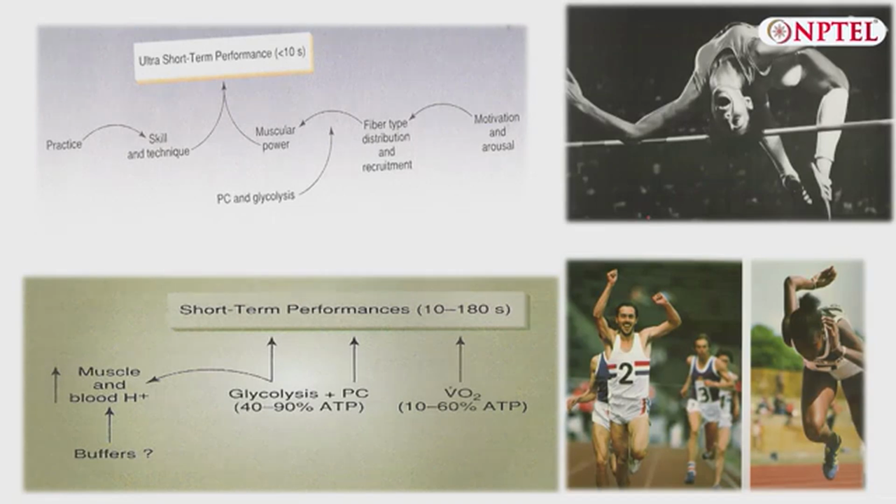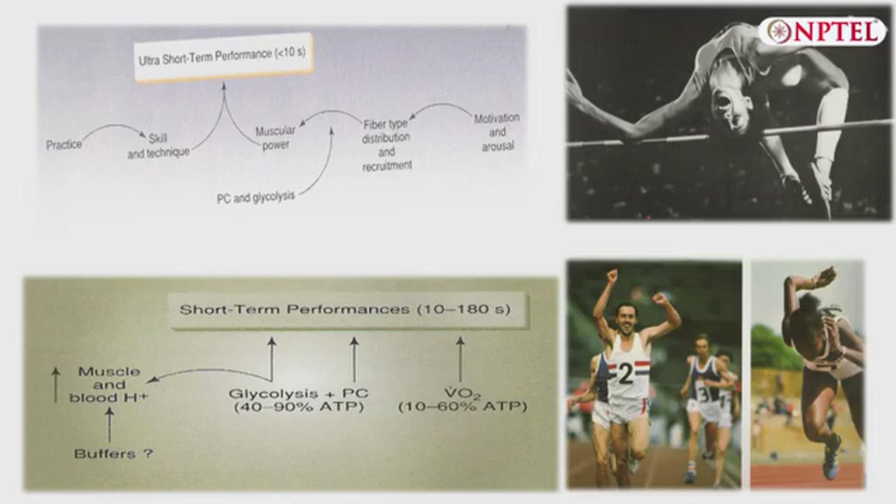If you are optimally motivated and your arousal level is optimum, then the fiber distribution and recruitment would be optimum, and you can generate more power. The power also depends on skill and technique, which you can achieve through practice, and that can optimize your performance in high intensity explosive action, like jumping or sprinting.